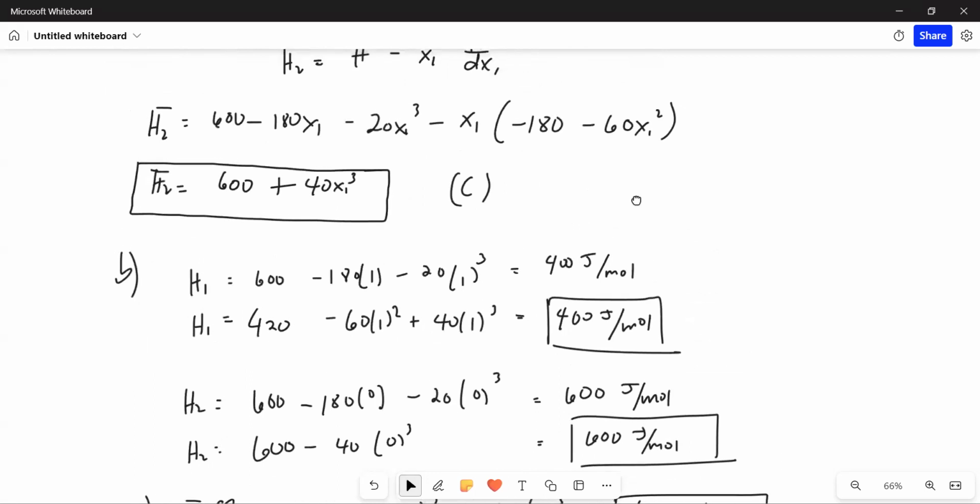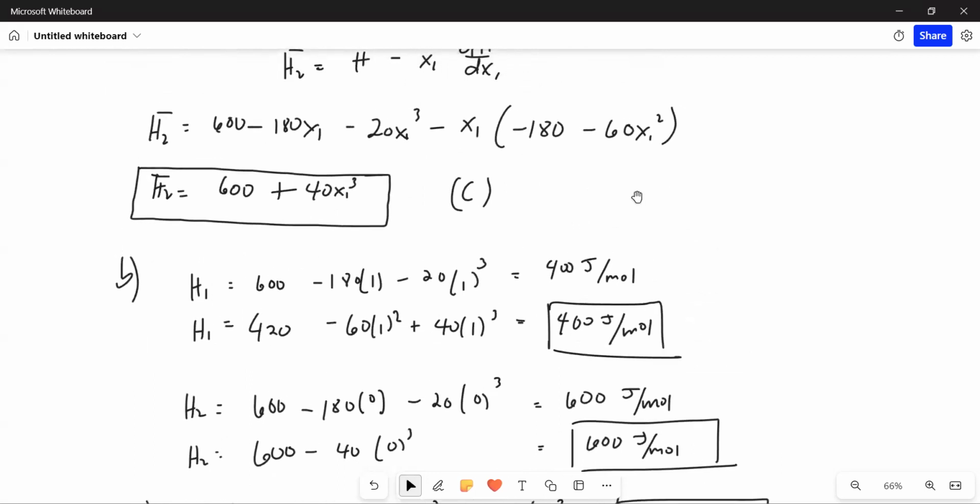But what should be x sub 1? If we're talking about the infinite dilution of species 2, that means x2 is 0.